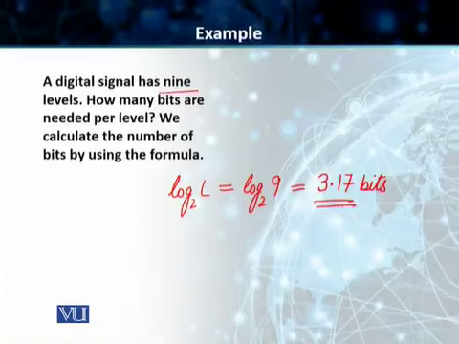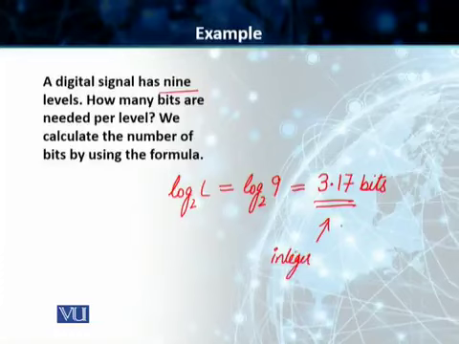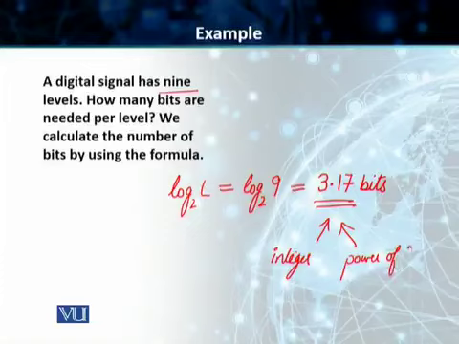Students, point to note here is that this 3.17, this is not realistic. The number of bits that we normally need per level needs to be an integer, and this number of bits needs to have a power of 2.